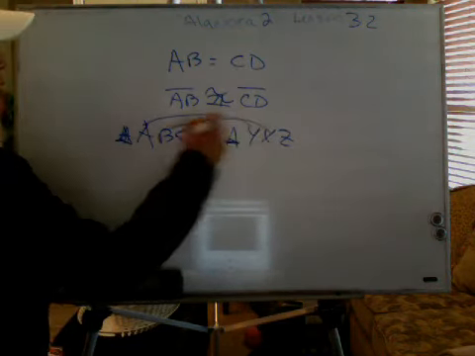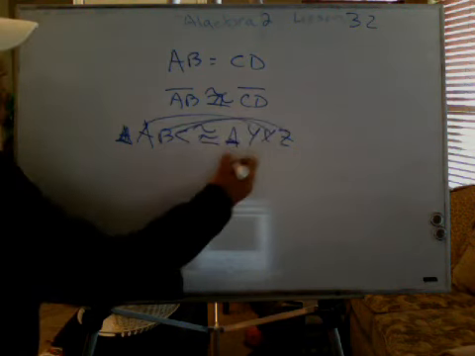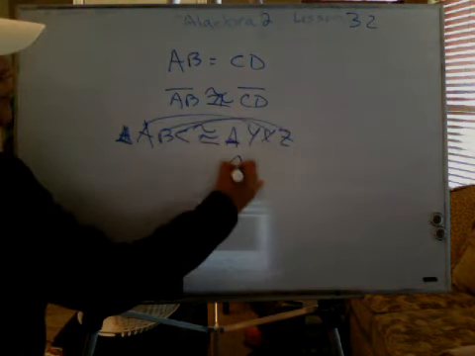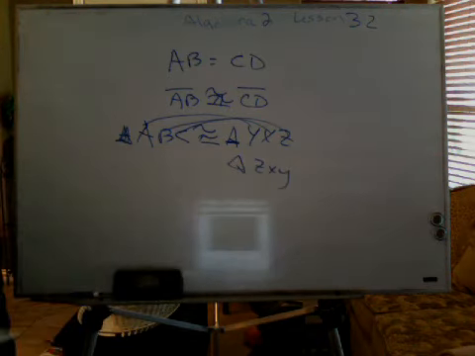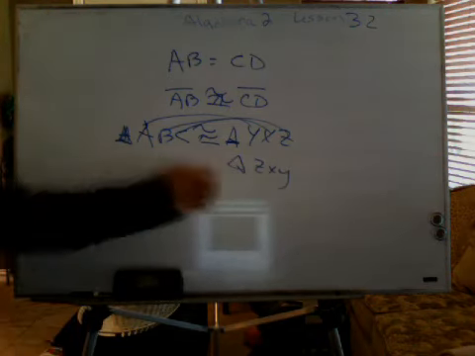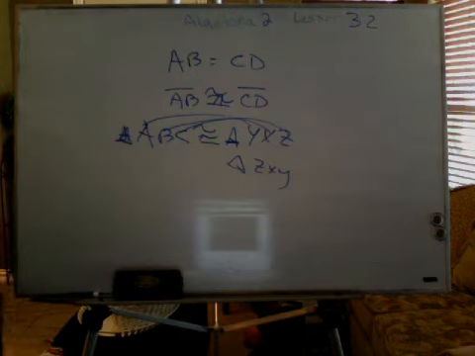These two vertices are congruent, and these two. You couldn't say triangle ZXY, because now you're saying Z and A are congruent. So you have to be careful when you do congruence that you list the vertices in the same order. So saying that, let's move on.